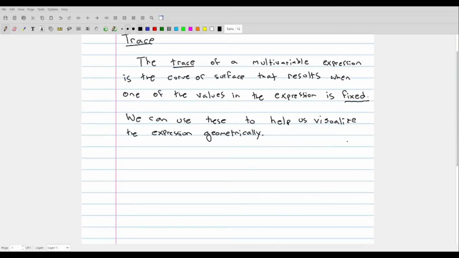Specifically, they show exactly what curve or surface the expression represents.